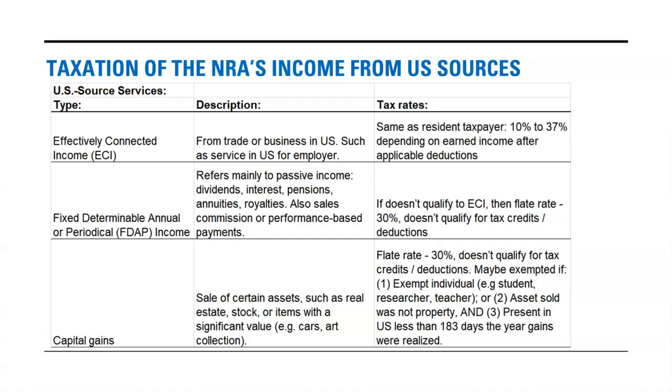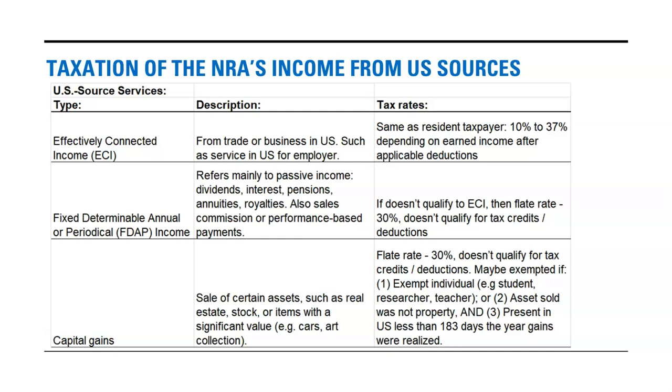So there are 3 types of non-resident alien's income from United States sources. The first one is effectively connected income. This is from a trade or business in the United States, such as a service in the United States for an employer. The rate is similar to a resident taxpayer, 10 to 37%, depending on the earned income after the applicable deductions.